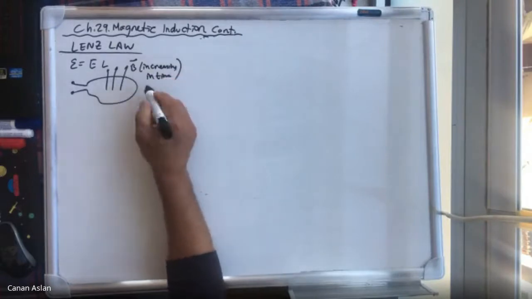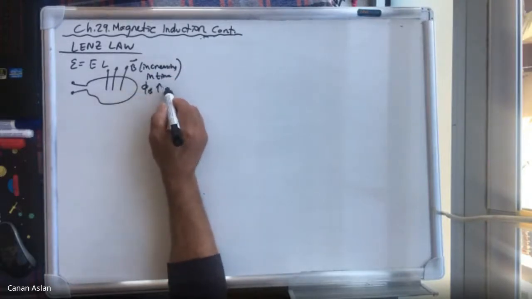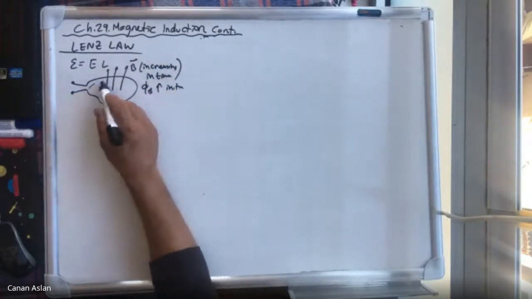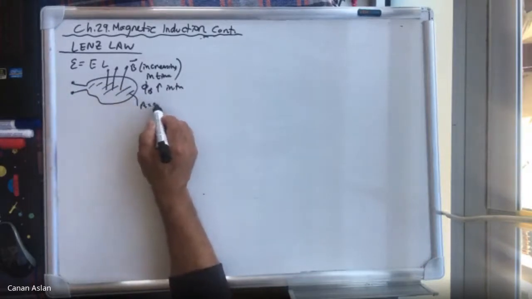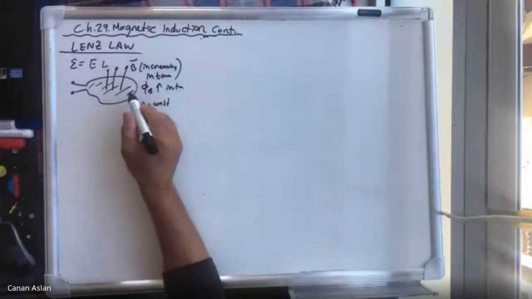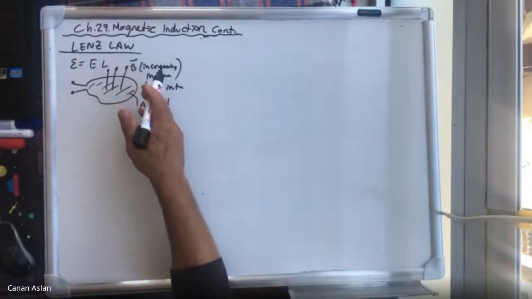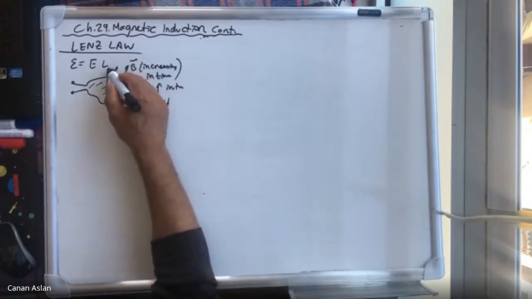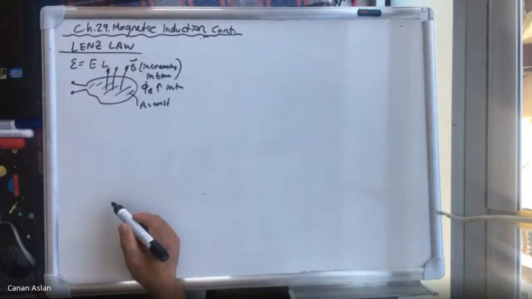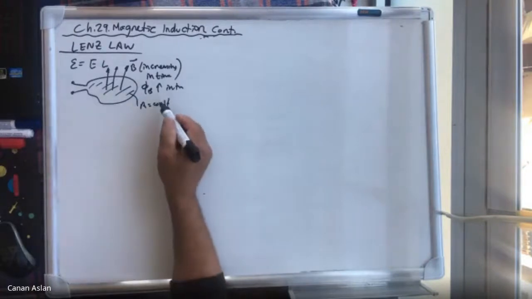So it means that the magnetic flux is also increasing in time, because the area of this system is constant, and the angle between the area vector and magnetic field vectors is just constant, not changing.